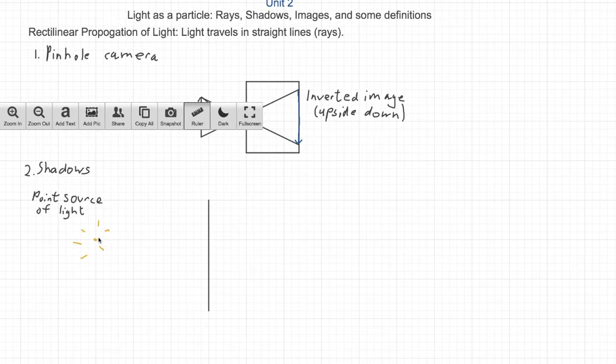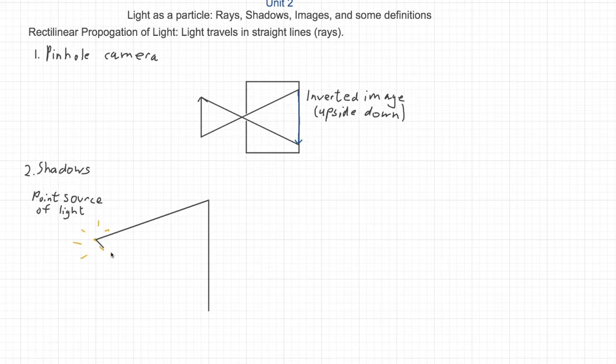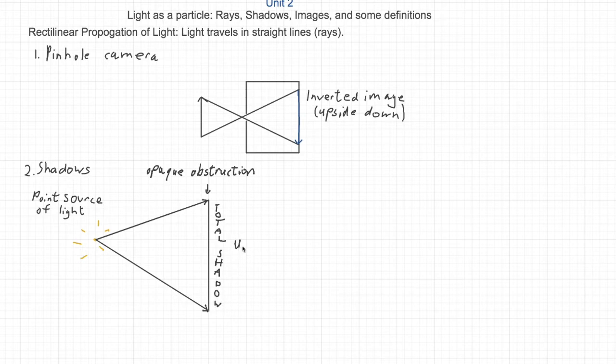We'll construct two light rays, each one going to the edge of this obstruction, and everything behind the obstruction is going to be a total shadow. And we call a total shadow an umbra. U-M-B-R-A.